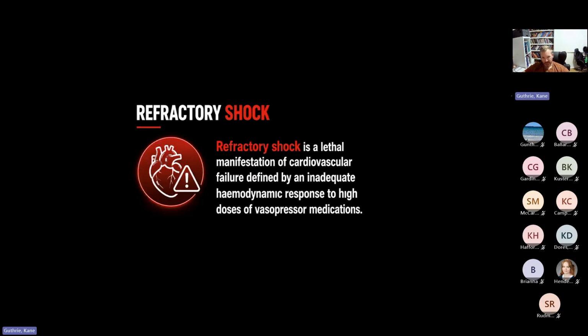And so this patient is what we call refractory shock. This is a lethal manifestation of cardiovascular failure, defined by inadequate hemodynamic response to high doses of vasopressor medications.